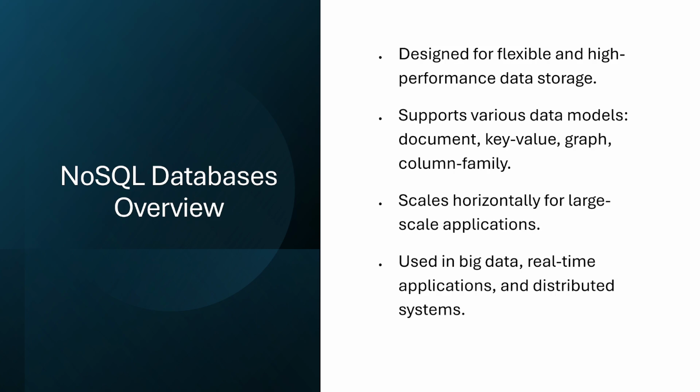To continue, NoSQL database overview. Designed for flexibility and high performance data storage, supports various data models: documents, key-values, graphs, column family, scale horizontally for large scale applications, used in big data, real-time applications, and distributed systems.